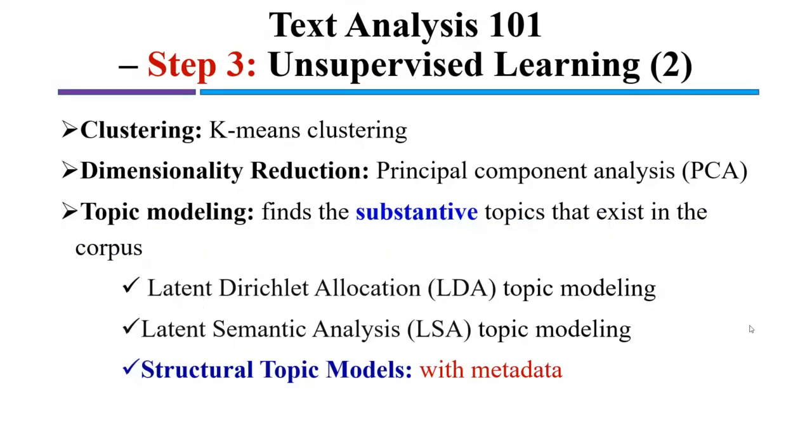Okay, so for unsupervised methods, there are also many different purposes and methods. The first one is called clustering, K-means clustering. For students from management, you may understand it like factor analysis, where you ask how many dimensions.